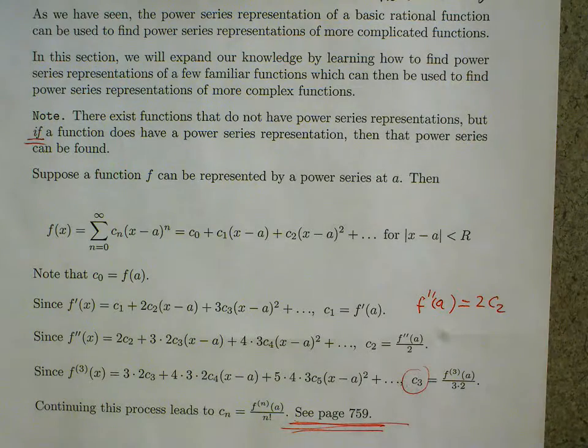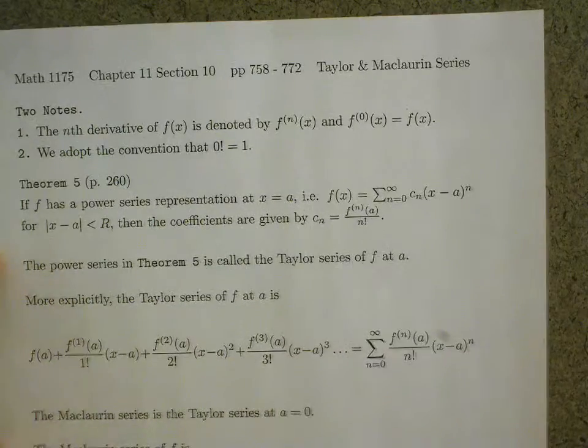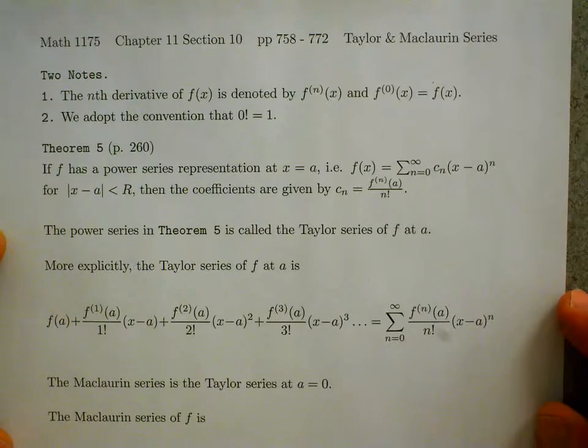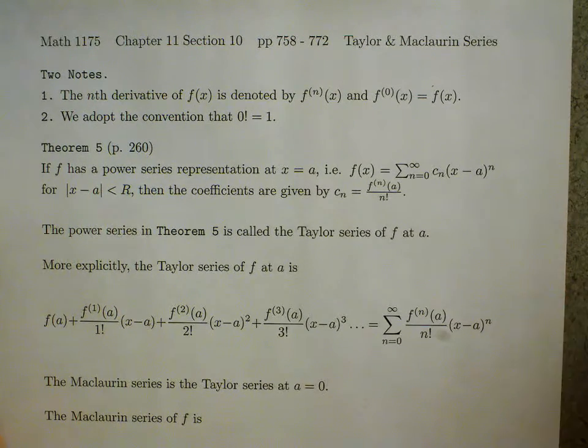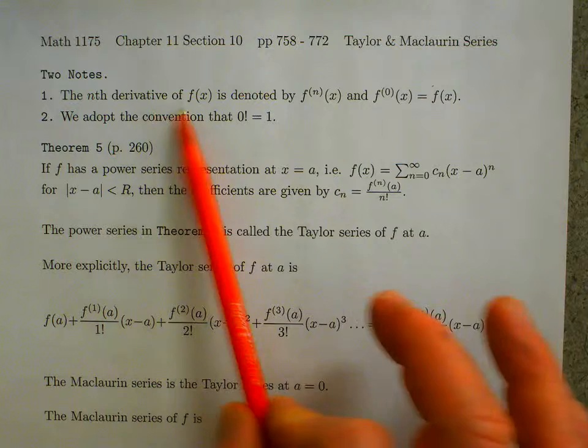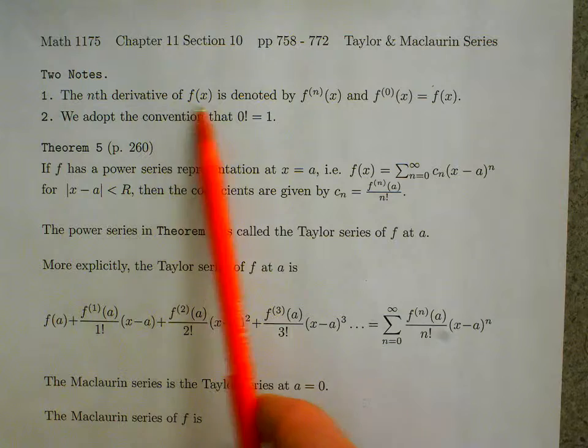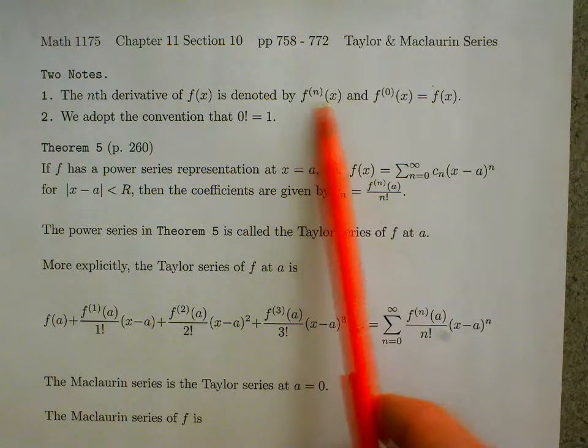Okay, a couple of notes before proceeding. One that we've already encountered, but just to make sure that it's clear. We have some notation for the nth derivative of the function f of x. The nth derivative of f of x is denoted this way.